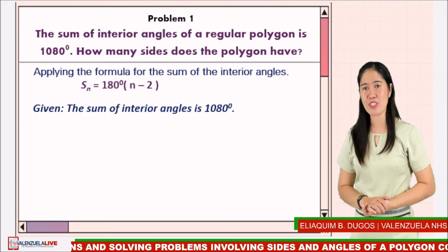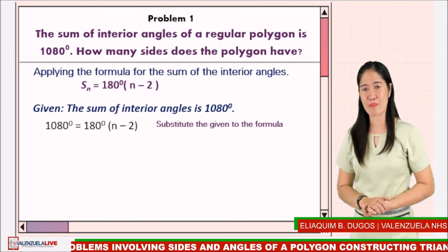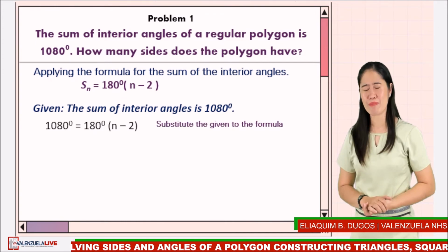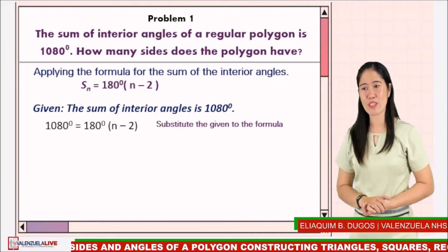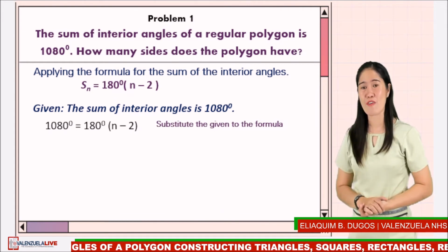Substitute the given to the formula, and the given is 1080 degrees. Therefore, we have 1080 degrees is equal to 180 degrees multiplied by the quantity of n minus 2.